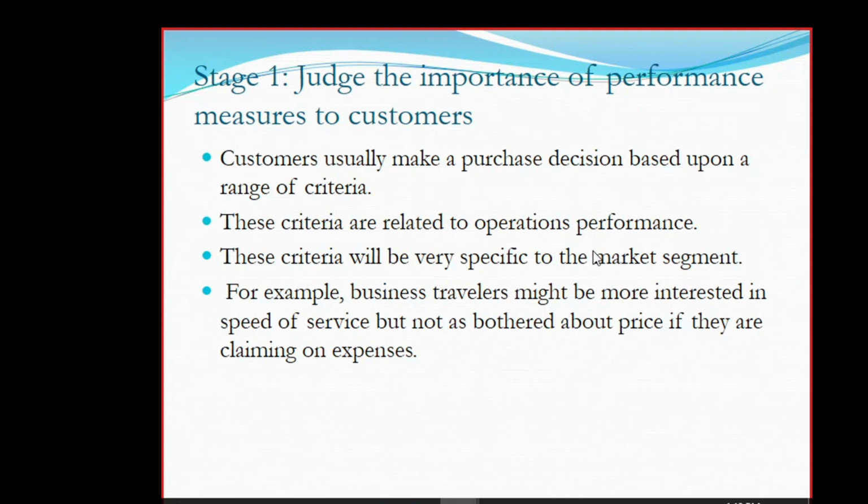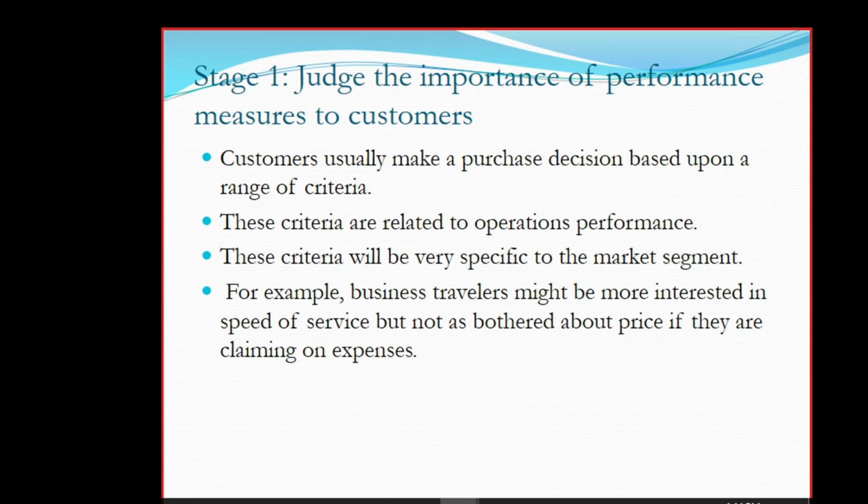Maybe if I have market segment B. Let's say market segment A doesn't care about the color, but market segment B actually cares about the color. So for the product that I provide for market segment B, I will, as a company, make sure I provide the right colors for the customers.